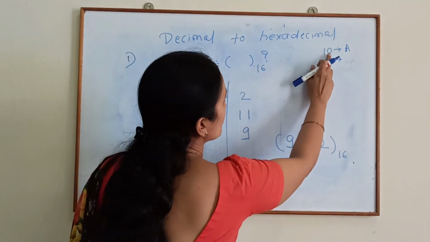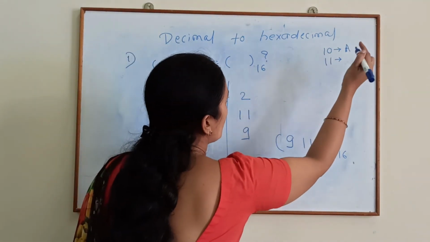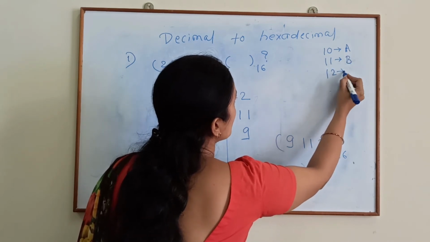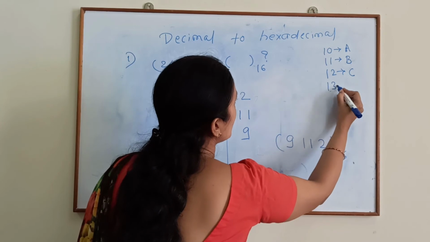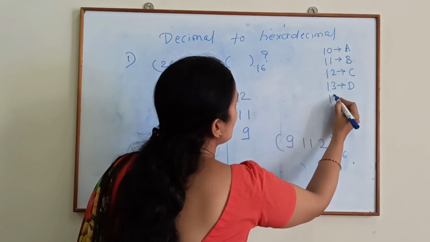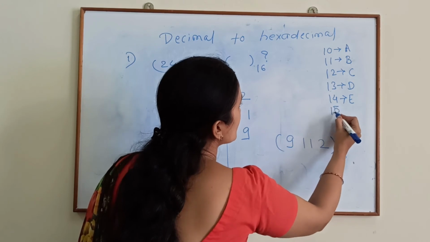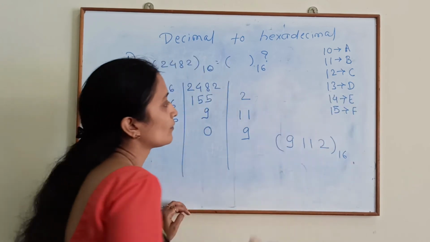In hexadecimal number system 10 is represented by A, 11 is represented by B, 12 is represented by C, 13 is represented by D, 14 is represented by E and 15 is represented by F.